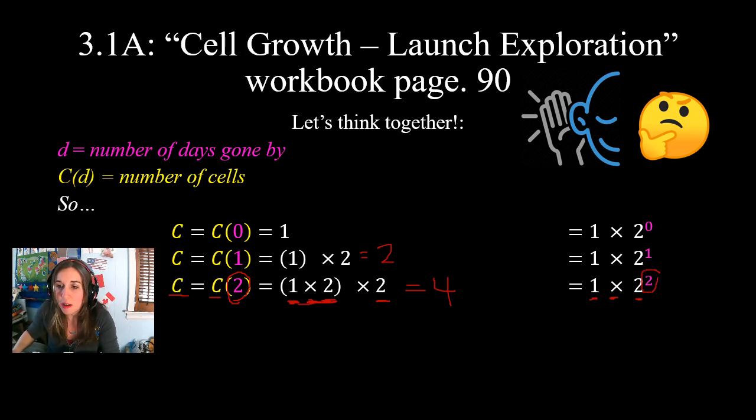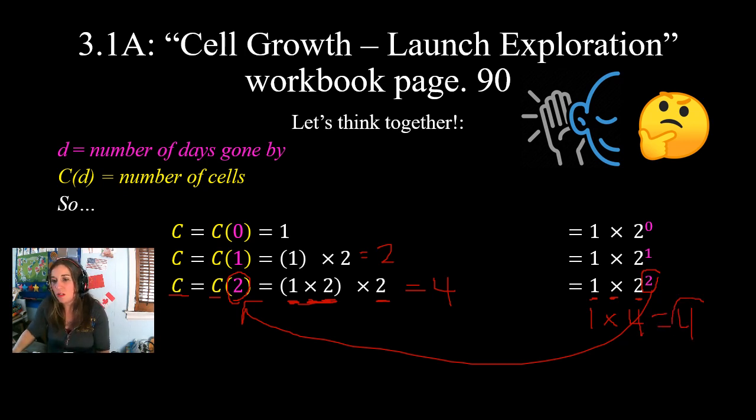So here we have 2 days gone by, right? Our D equals 2. Well, let's see if this works. 1 times, what's 2 squared? 4. Huh. It did indeed give us the 4 cells we were looking for.